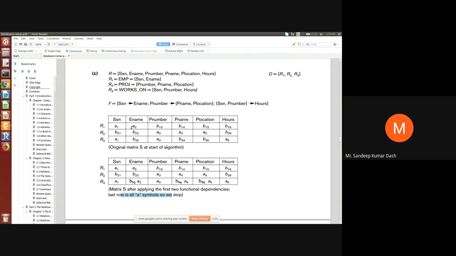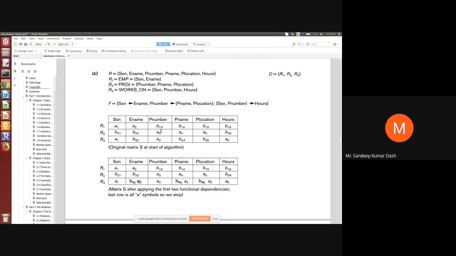SSN is determining ename, so this is fine. A1, A2 is kept, but you cannot reduce this B into A because there is nothing to be referred. Like here, I referred A1 and converted this to A2 by referring to R1, because in R1 SSN was determining ename. So I converted this into A2. So here nothing can be done.